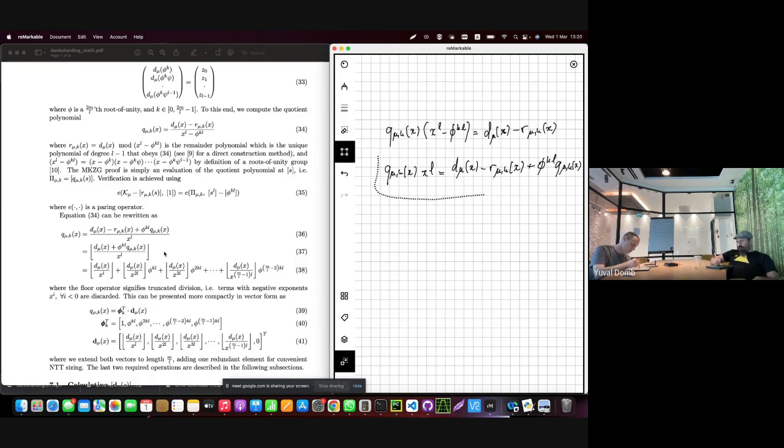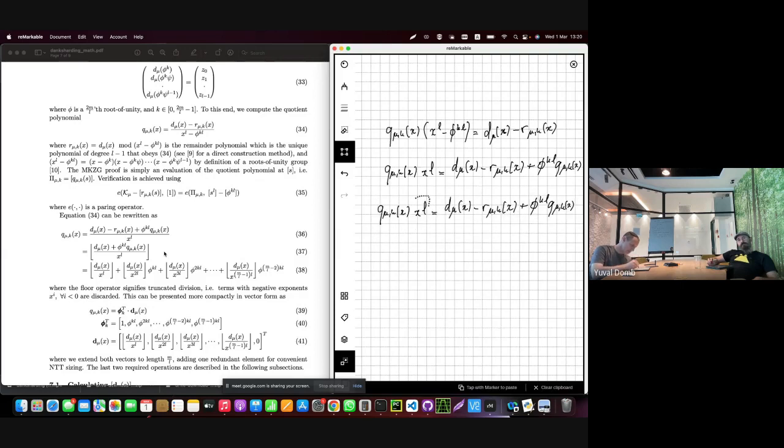Now if I copy this, I can take this part and move it here, and then do this.